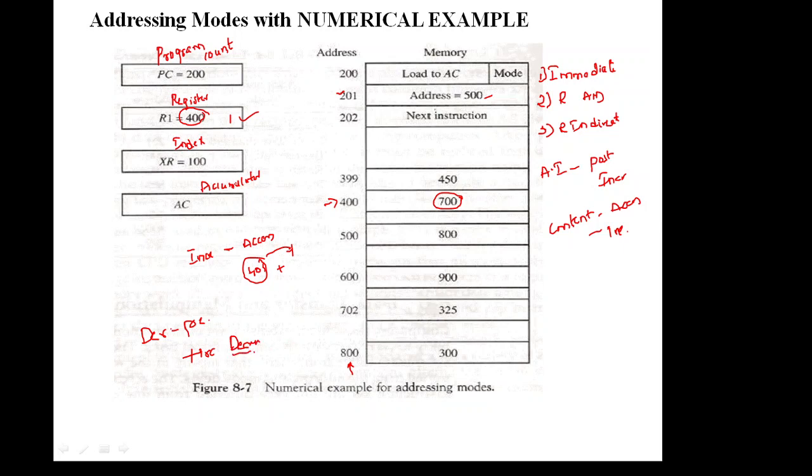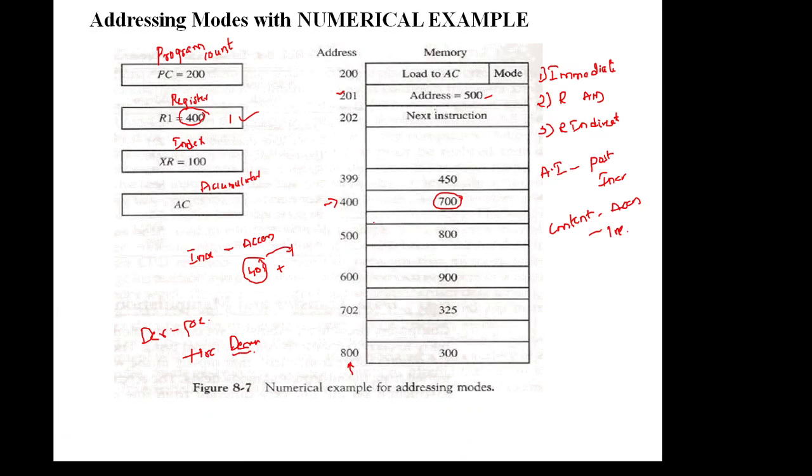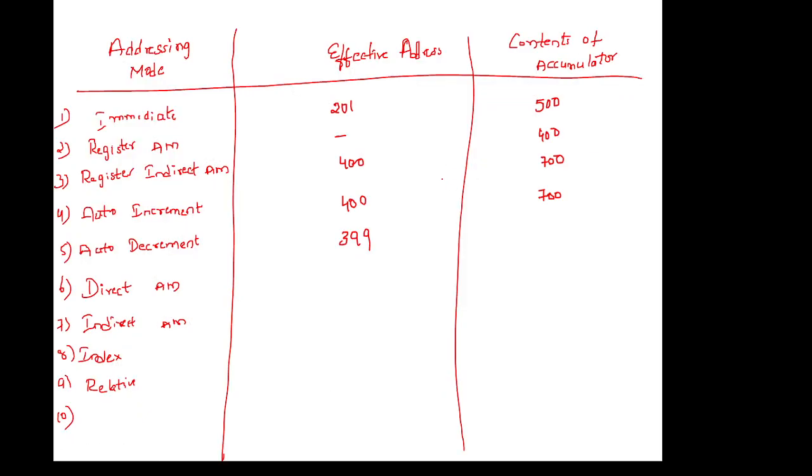Here the contents of the register is 400. First we decrement, so 400 becomes 399. What is there in memory location 399? We have 450. So we write 450, that is the contents of the accumulator.